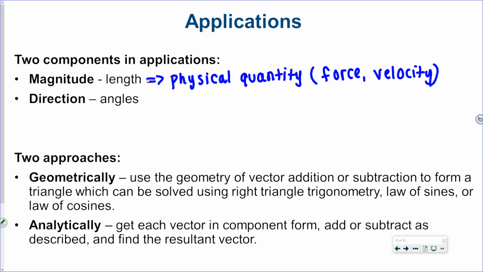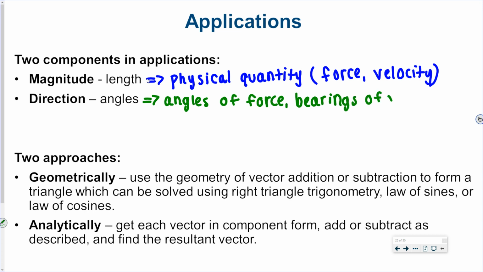They might give you the angles of force, sometimes in bearings, of velocity or motion. Sometimes nautical miles. Well, I guess nautical miles would be magnitude, but the angles for ships are usually bearings.